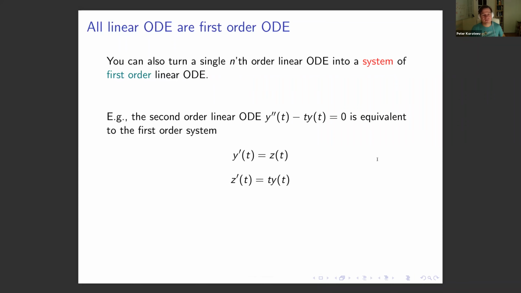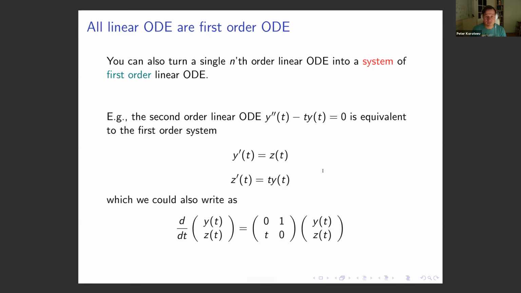It's equivalent to the first order system, which involves a third function z of t. Indeed, y prime is equal to z of t and z prime is equal to ty of t. If you substitute, take a derivative of the first equation and substitute z prime into the second equation, you'll get back the equation that you started with.